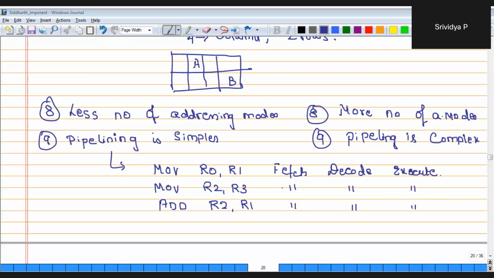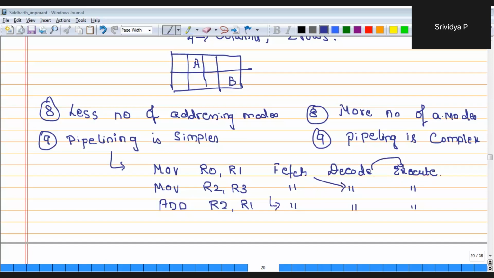So what is happening? Each time, if you observe, some of the hardware units will remain unutilized. In order to utilize all the units effectively, when the first instruction is fetched and moves on to decode, we can start fetching the second instruction. When the first instruction moves on to the execution stage, the second instruction can go to the decode stage, and we can fetch the next instruction.